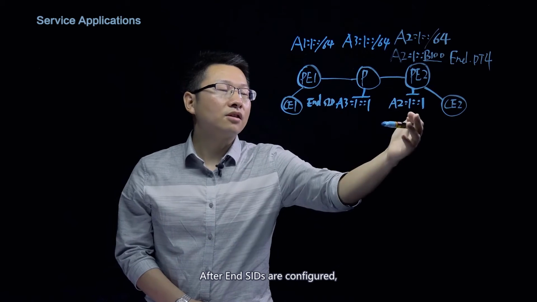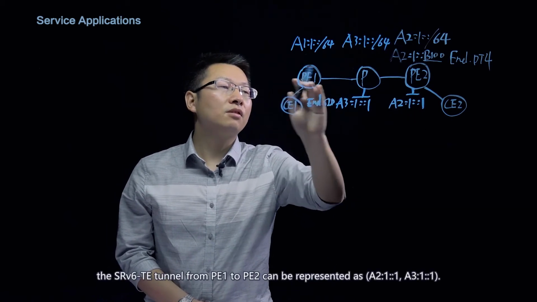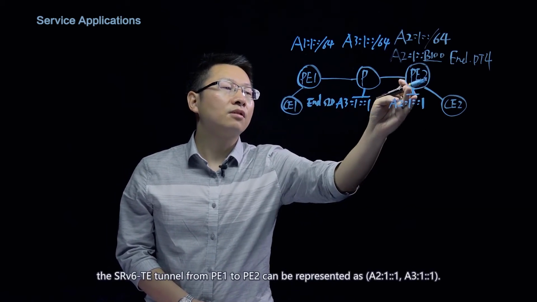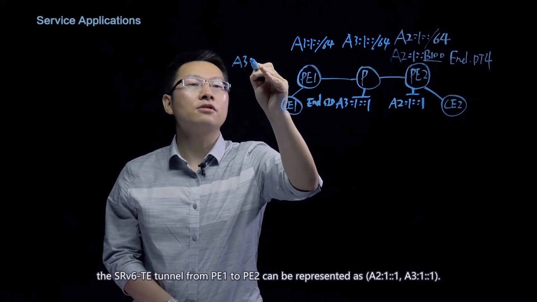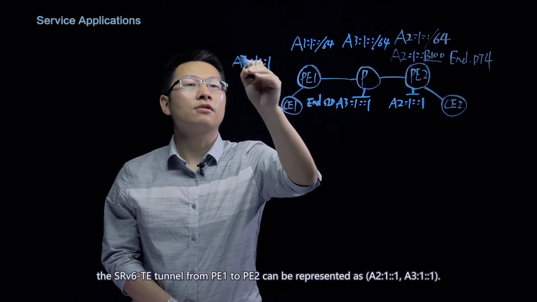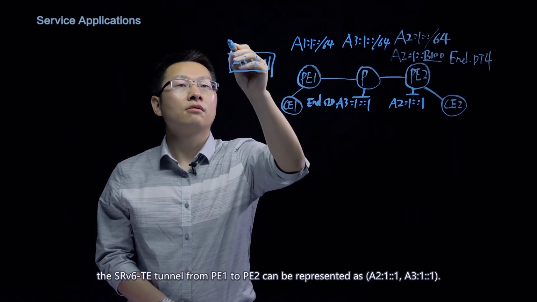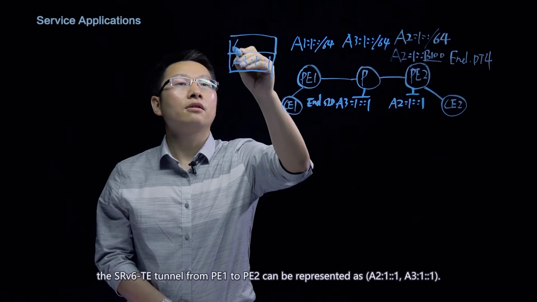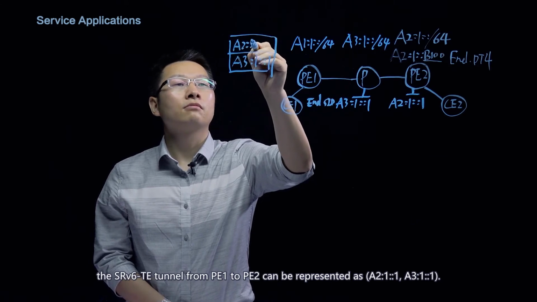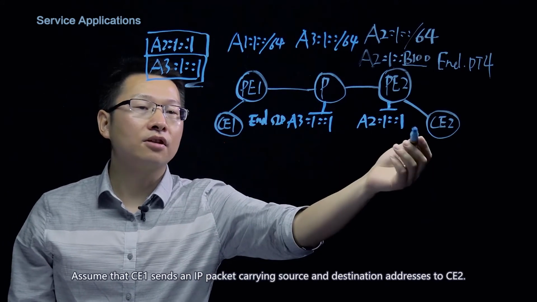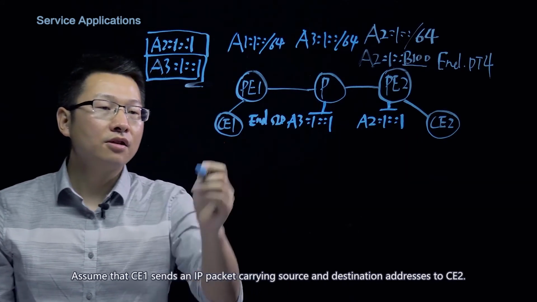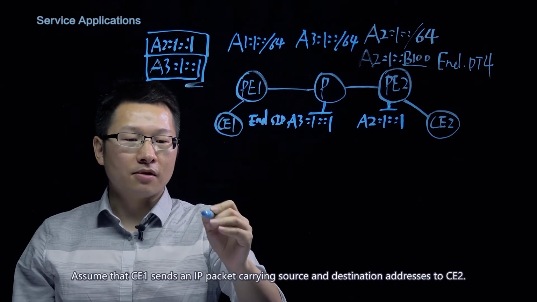After End SIDs are configured, the SRv6 TE tunnel from PE1 to PE2 can be represented as A2:1::1, A3:1::1. Assume that CE1 sends an IP packet carrying source and destination addresses to CE2.